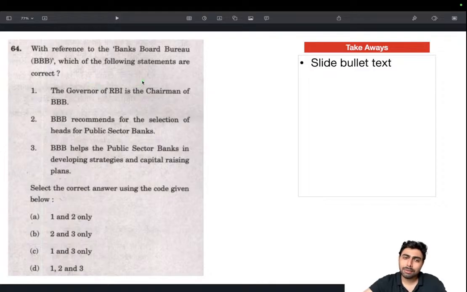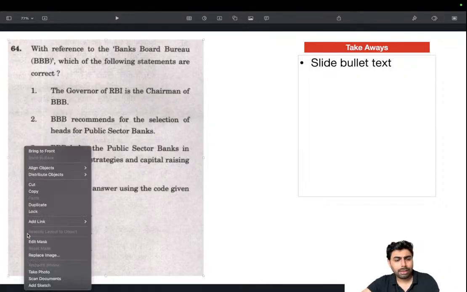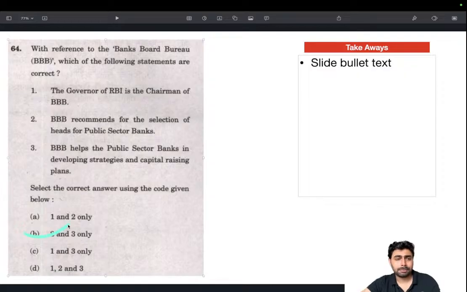So since the ex officio is missing, and there is a very unlikely chance that the governor of RBI is heading such a body, I actually chose to eliminate it. This was my logic, because there is no ex officio given, and I haven't heard about any other body where the RBI governor is the chairman. So I eliminated that, and luckily that was all that was needed back then. So I arrived at the answer as B.